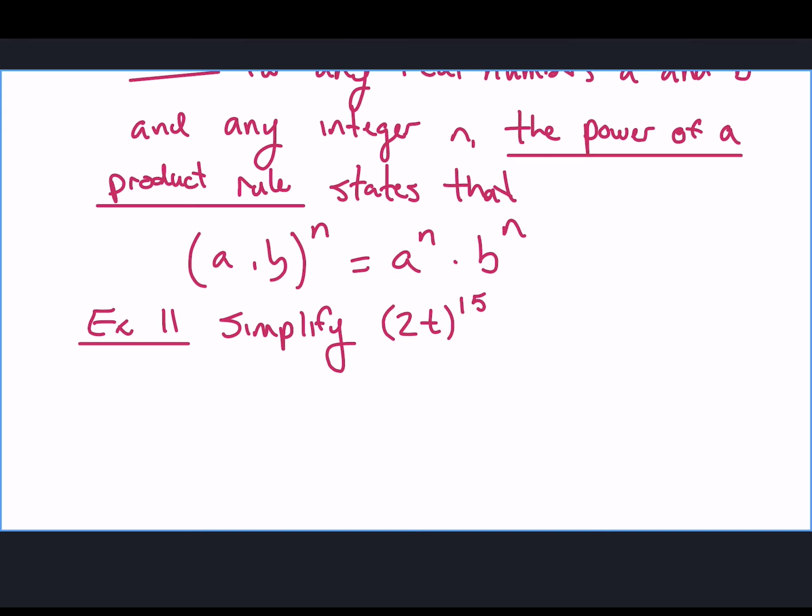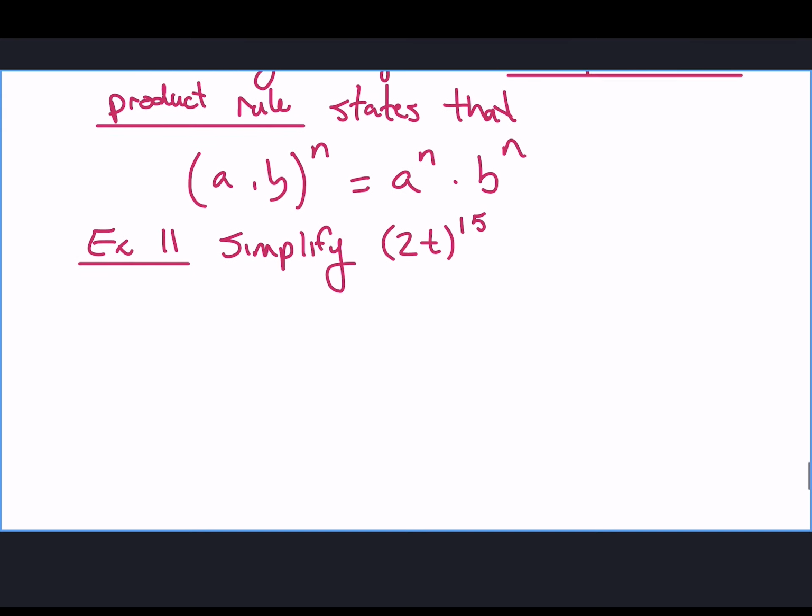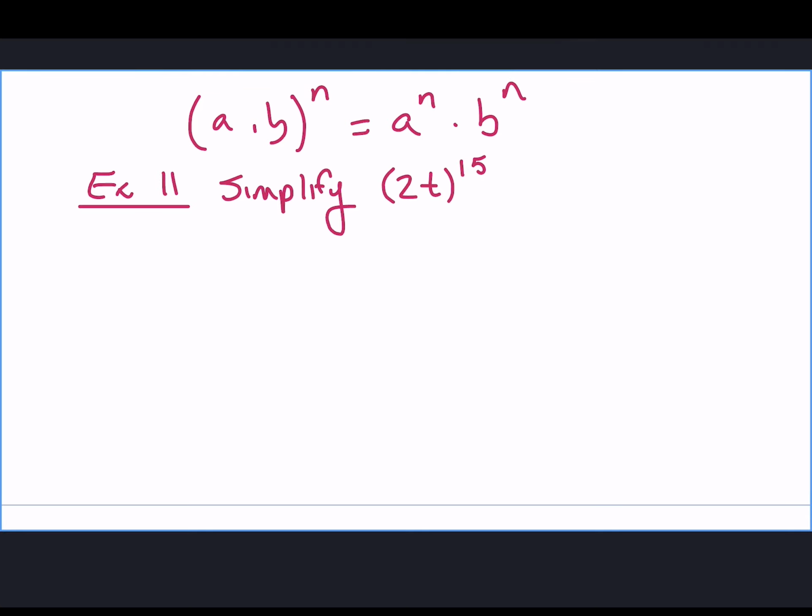What does the power of a product rule say we can do in this example? We can distribute the exponent to what? Each of the factors, 2 and t. So what do we get? 2 to the 15th times t to the 15th.